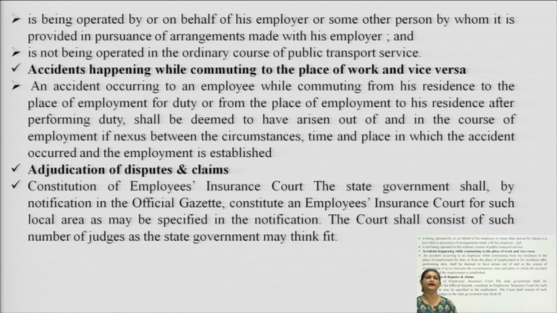Now, next case where accidents happen while commuting to the place of work and vice versa. An accident occurring to an employee while commuting from his residence to the place of employment for duty, or from the place of employment to his residence after performing duties, shall be deemed to have arisen out of and in the course of employment, if a nexus between the circumstances, time and place in which the accident occurred and the employment is established.